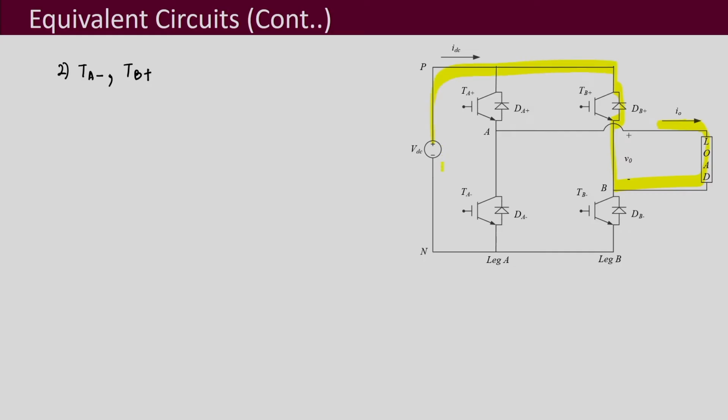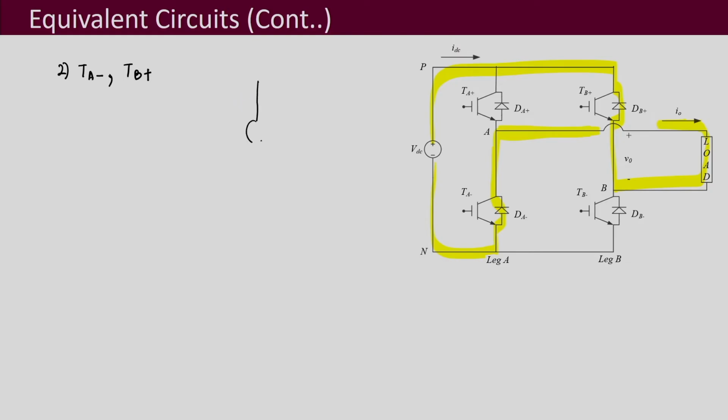It comes like this, and then this device is on. So, this also has to be carried by this diode. Okay, so, this is the direction of current when two transistors TB plus and TA minus are turned on for current to be positive. So, let us draw the equivalent circuit.